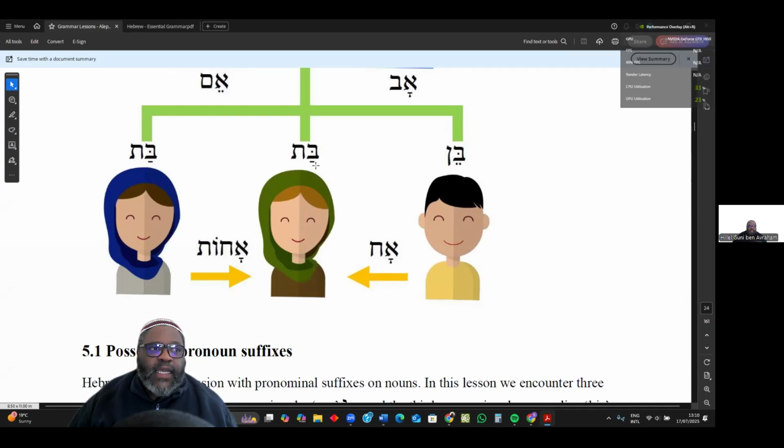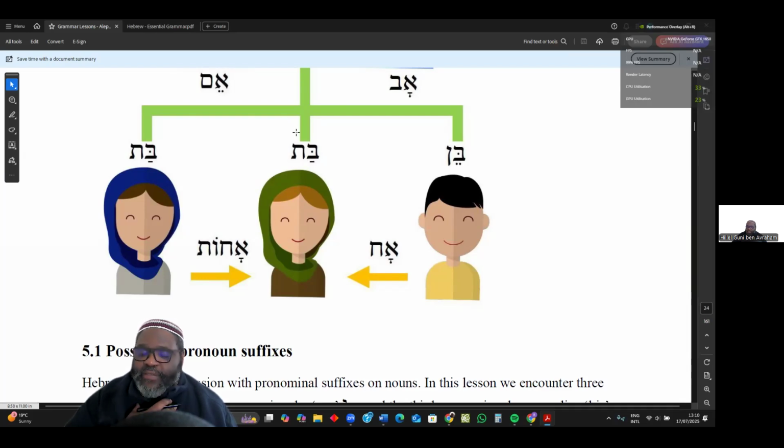We can say, so if a person converts to Judaism, for example, we can say Sarah bat Avraham. Bat Avraham means the daughter of Abraham.